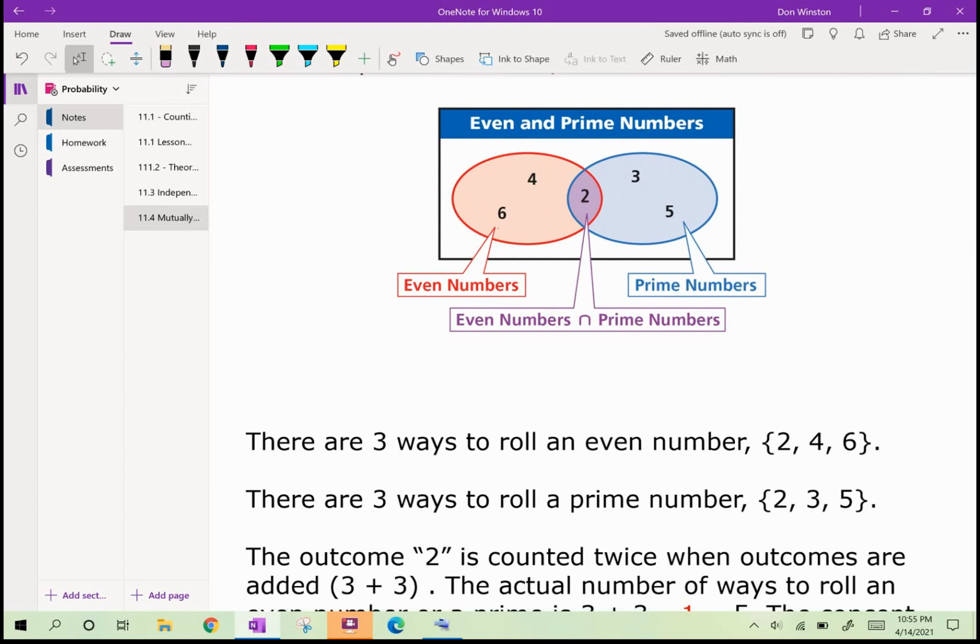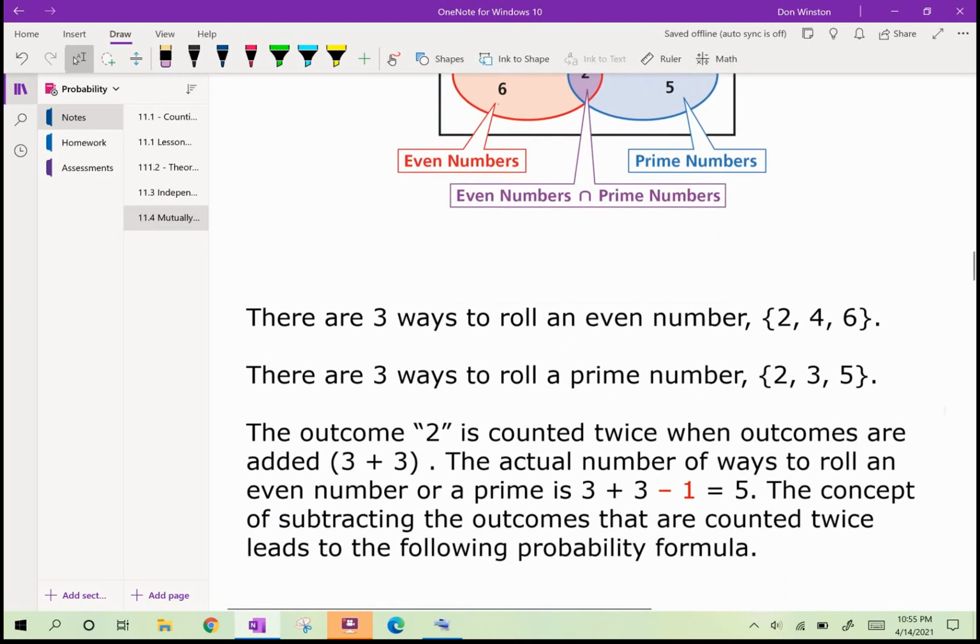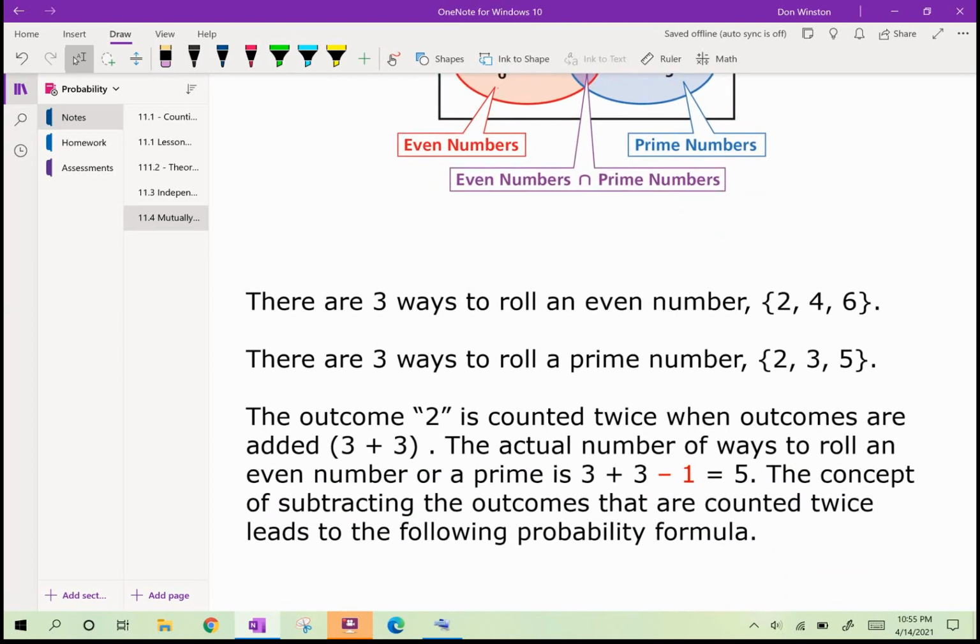So there are 3 ways to roll an even number, 2, 4, and 6. And there are 3 ways to roll a prime number, 2, 3, 5. The outcome 2 is counted twice when outcomes are added, 3 plus 3. The actual number of ways to roll an even number or a prime, though, is 3 plus 3 minus 1 equals 5. And why do we subtract 1? Well, because we're counting 2 twice.